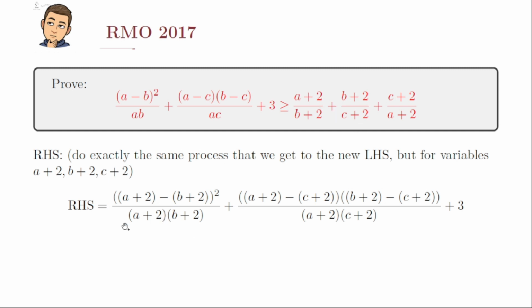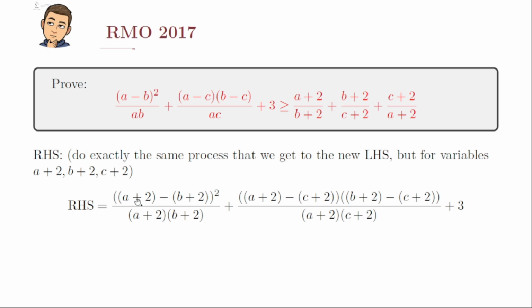Now this is where the difference and the multiplication position matters, because in the difference, a plus 2 minus b plus 2, the 2 will be cancelled. You can see here a plus 2 minus b plus 2 and then a plus 2 minus c plus 2 and then b plus 2 minus c plus 2. The number 2 will be cancelled, so the difference will be cancelled, but in the denominator, there is no significant difference.